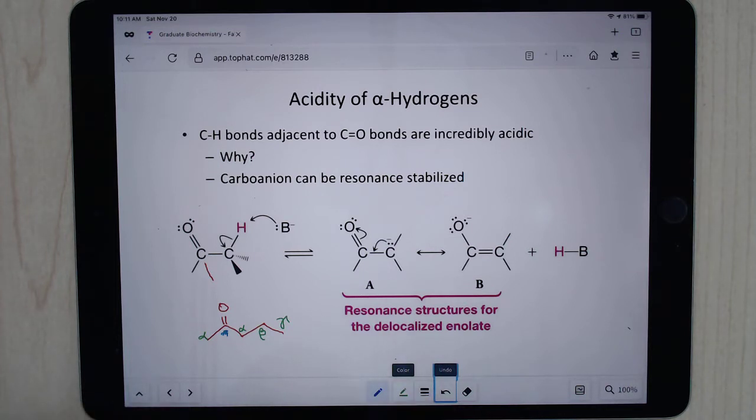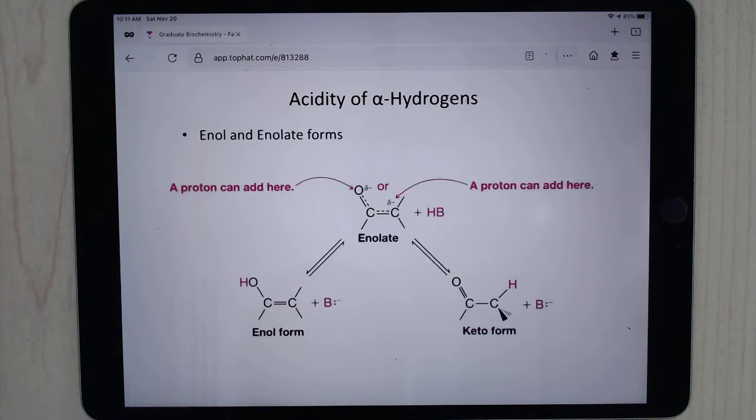But the reason why this works is because this alpha hydrogen, right, this CH bond that's immediately adjacent to this C double bond O, is acidic because it can get this resonance stabilization. Okay. So you can form what's called the enol or the keto form.